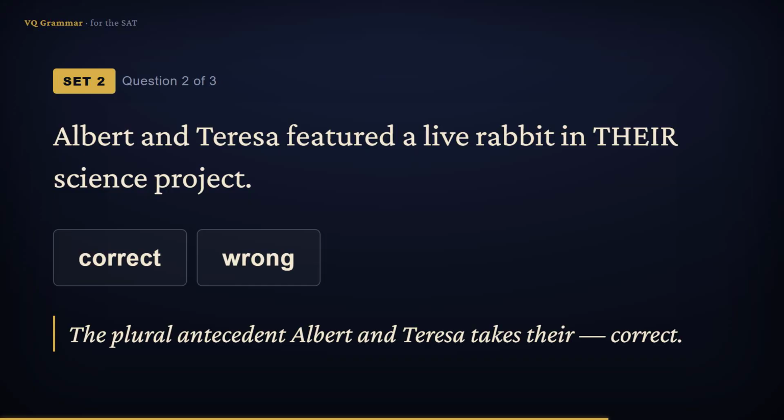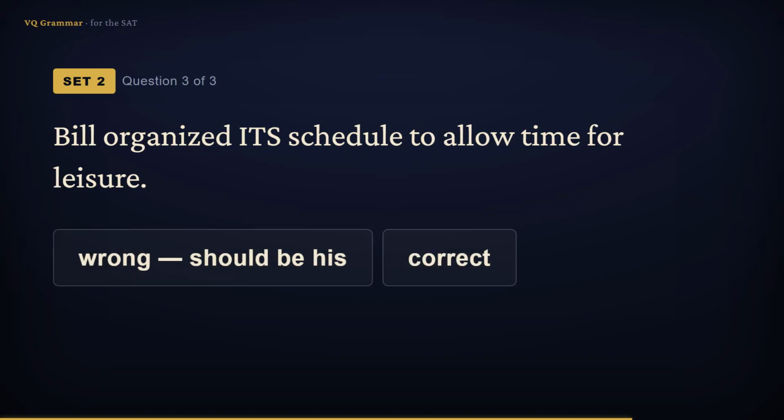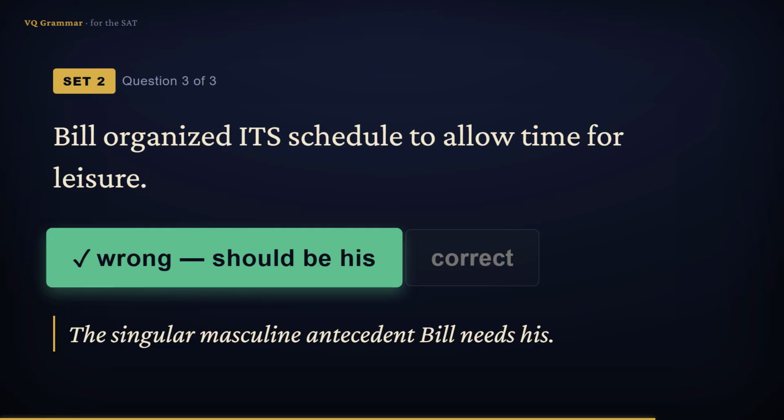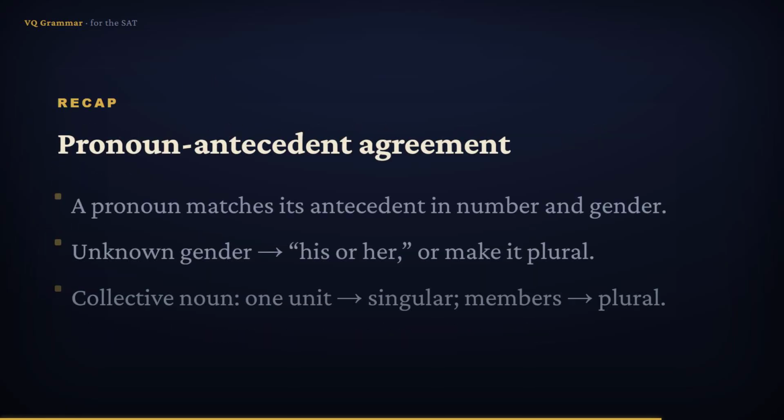The antecedent Albert and Teresa is plural, so their is correct. So it's correct. Bill organized its schedule. Bill is singular and masculine, so it needs his, not its. So it's wrong.